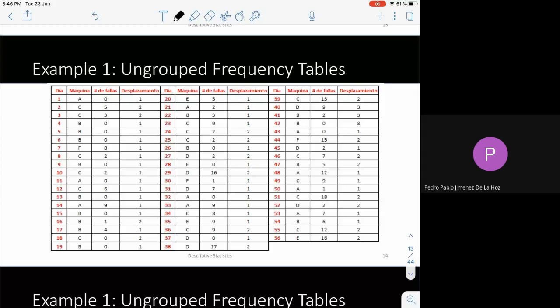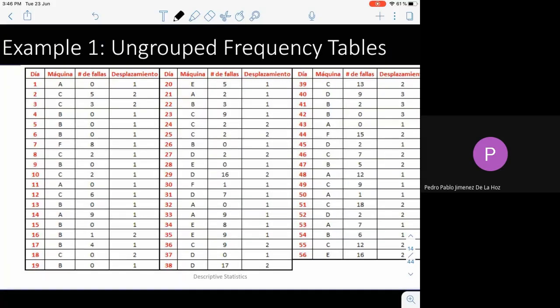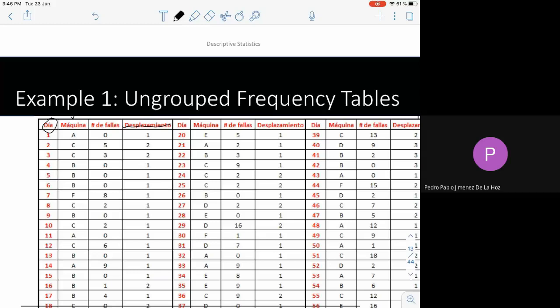The information that we know is the day, so on which day the machine was used, and the machine, that is whether the machine used was A, C, B, D, E, or F. The number of failures variable here is actually the process, meaning in which operation the machine was used.